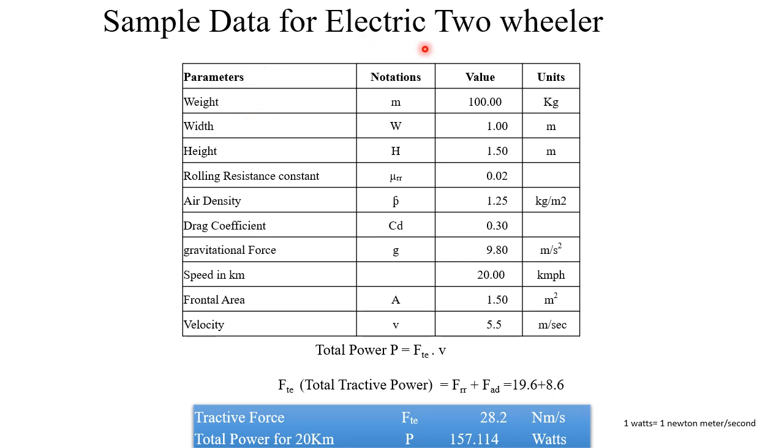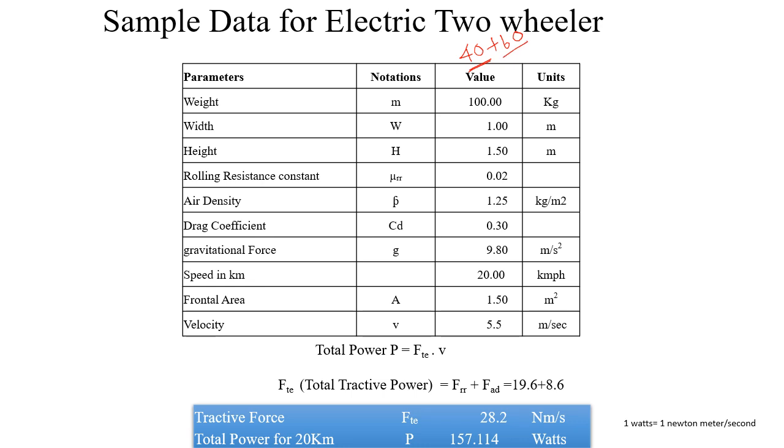Let's choose a sample data for designing an electric two-wheeler, right? The first parameter is the weight or mass of the vehicle, that is 100 kg. So this mass, let's say, is 40 plus 60. 40 is the curb weight. Curb weight means without an occupant, the weight for manufacturing a vehicle.